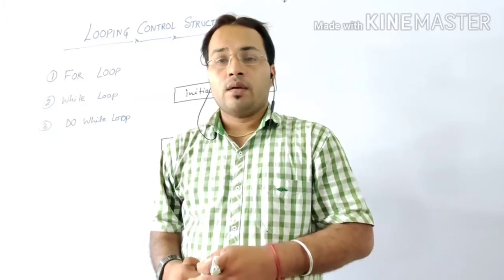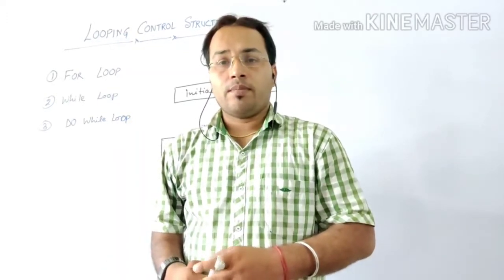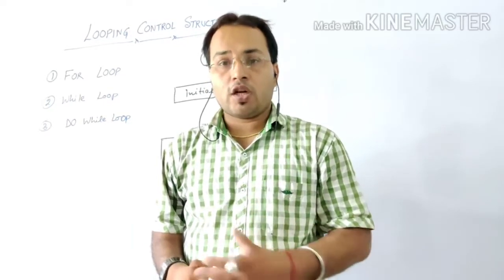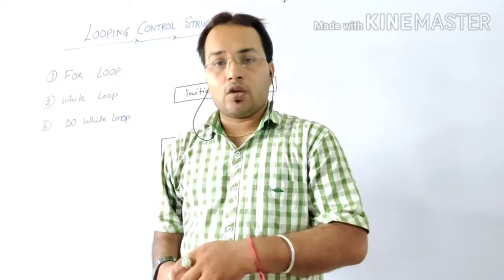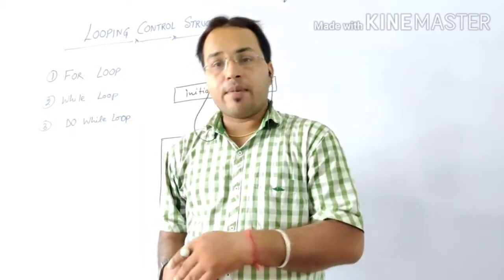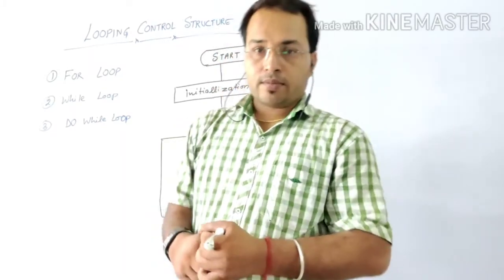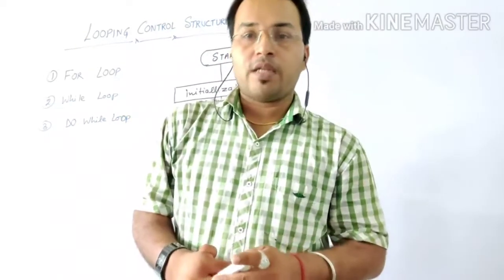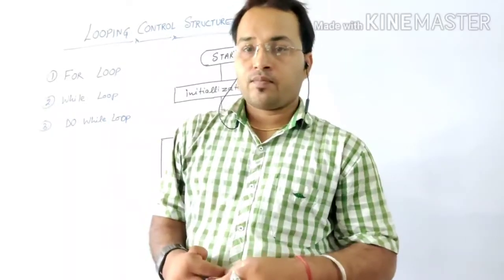But we are not sure when we will get the Armstrong number, because the logic of Armstrong is 1 cube plus 5 cube plus 3 cube. If it comes again to the same number, only then can we say this is an Armstrong number. But this type of programming is not in your course right now. You will get it in class 9.